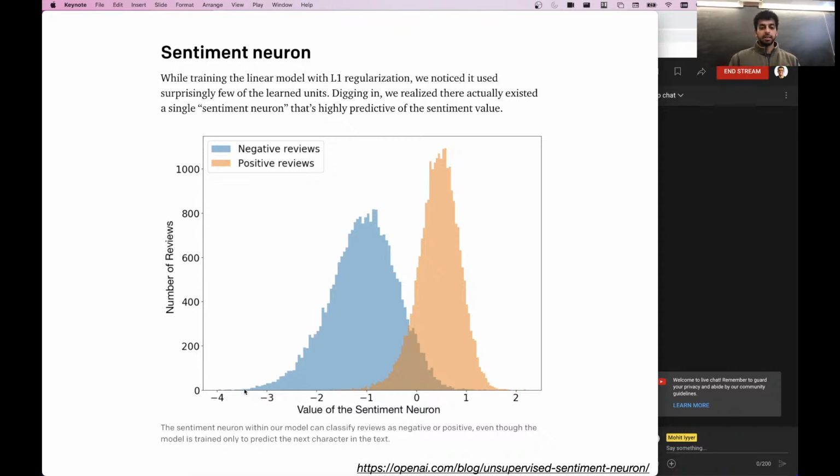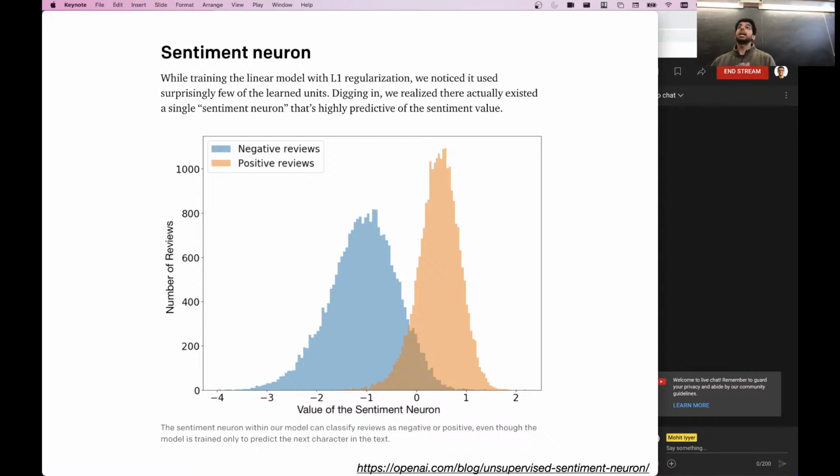You can see here the distribution over the values of this single dimension of the hidden state for positive reviews on the right. It's quite sharply peaked at a value of about 1/2. And for negative reviews, the value of this neuron is also negative.